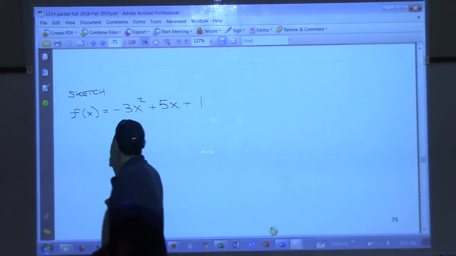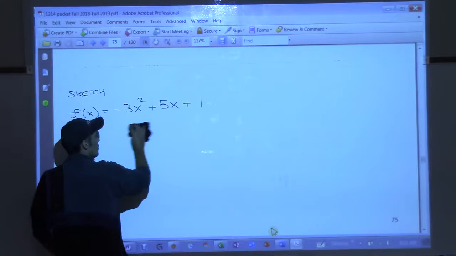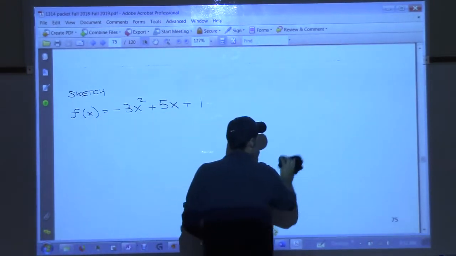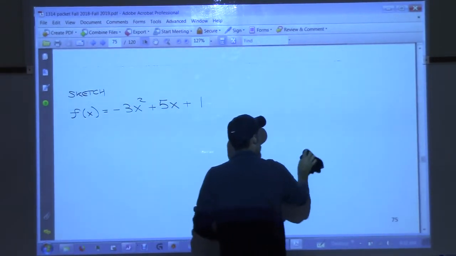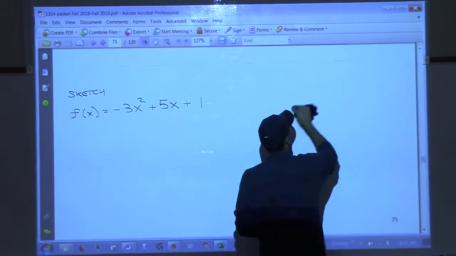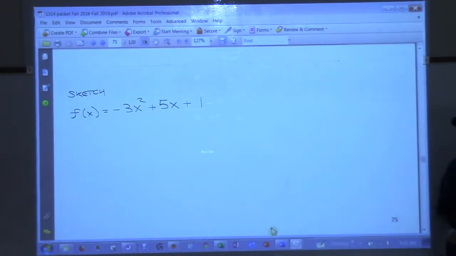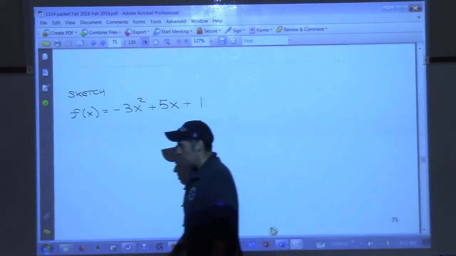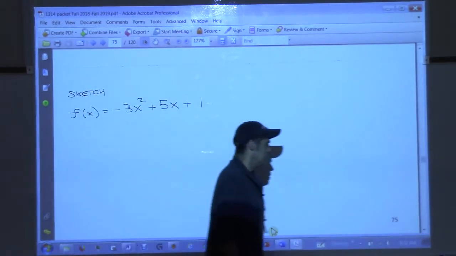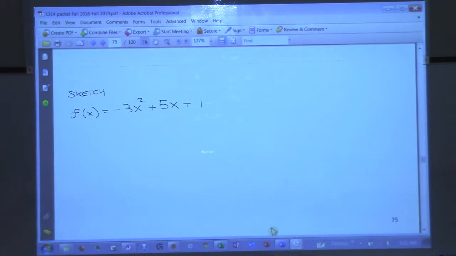There we go. So this would be a good example, I think, of a problem that you'd see on an exam, asking you to sketch this. So let's see, do you all remember the steps? Let's see if you do. I've got my little sticks over here.